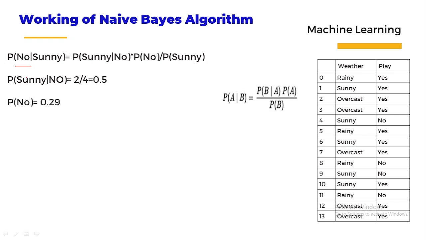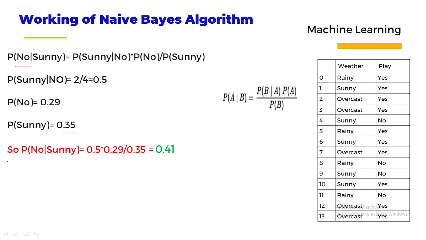So probability of sunny given no, we are getting it as 0.5, probability of no as 0.29, and for sunny it is 0.35. Now we are calculating the final one, which is equal to 0.41. You can see in the earlier case we got 0.60 and now we got 0.41.